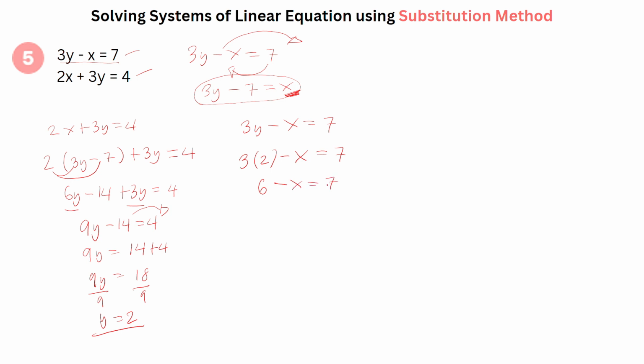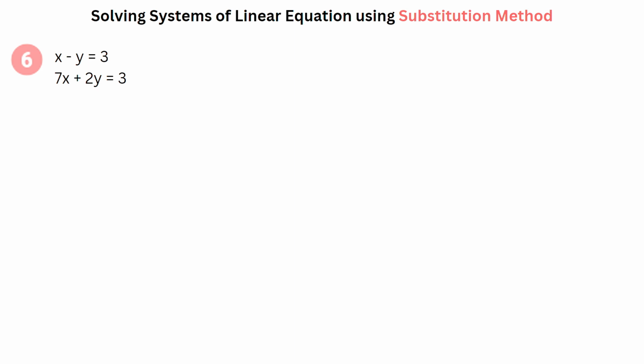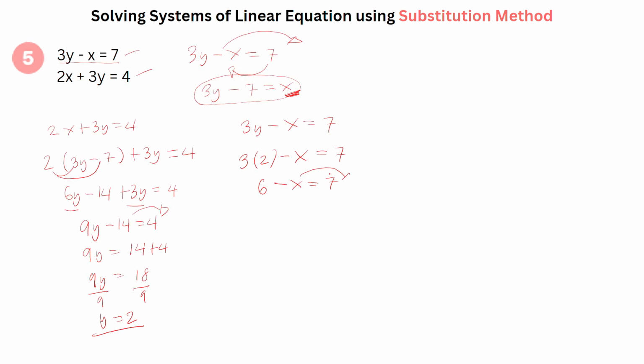How do we solve for x now? Is x already solo and positive? Not yet. Actually, I can make x positive by transposing it to the right side. When I transpose negative x to the right side, it will become positive x.